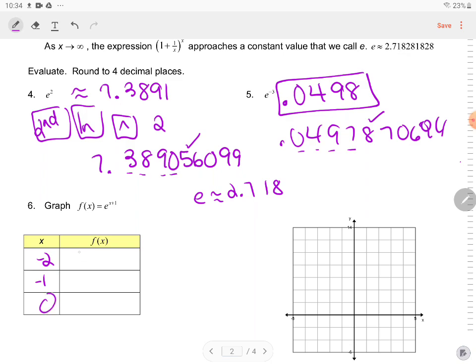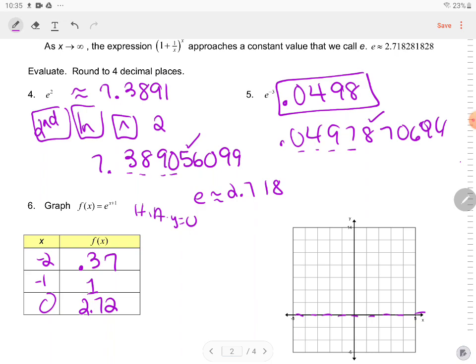So negative 2 is 2 decimal places, 0.371. This is 2.72. Okay, again, the HA, since there's no up or down shift, you don't have a plus or minus number there, is y equals 0.